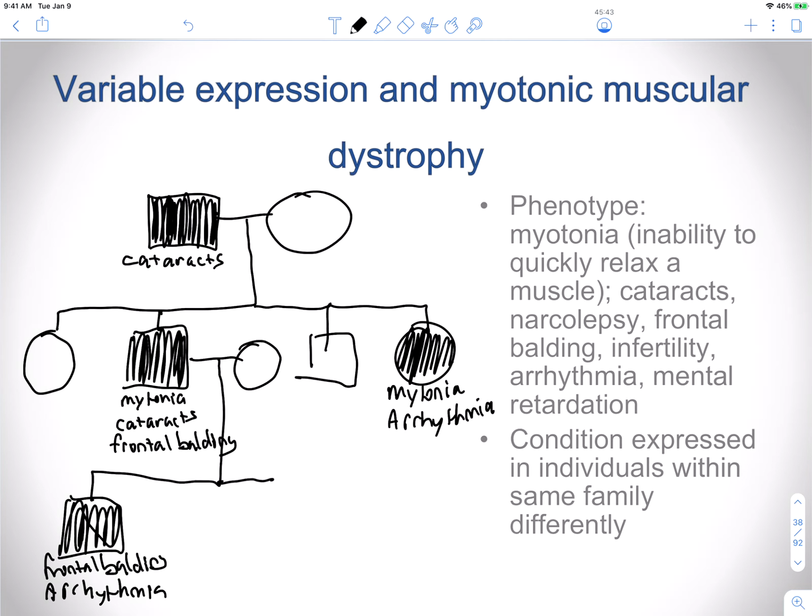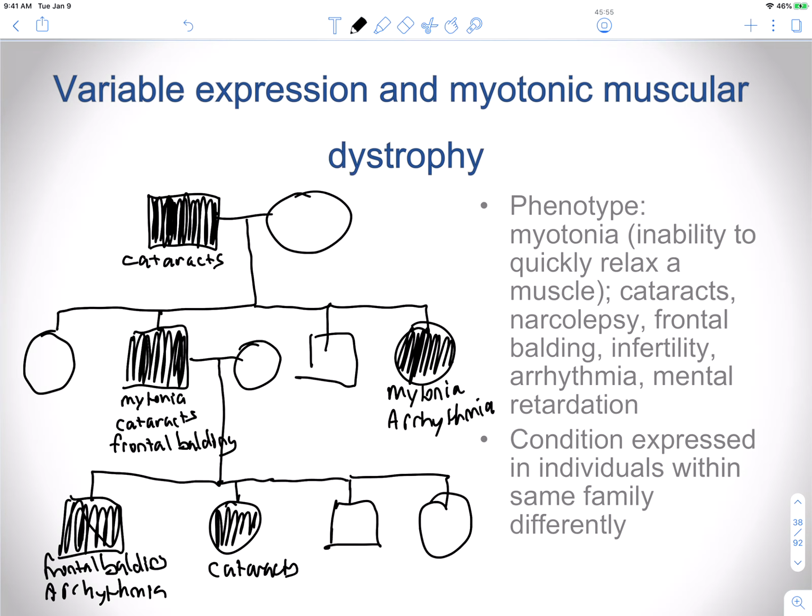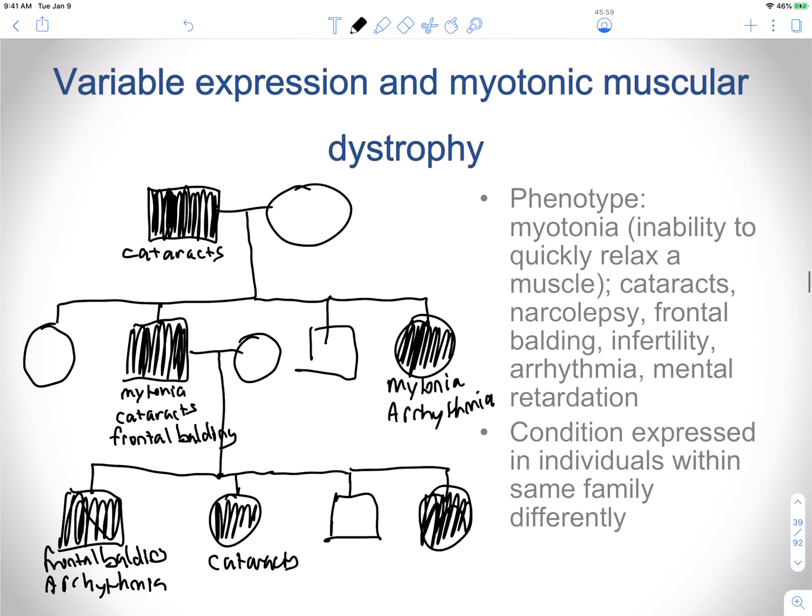They have an affected daughter who has cataracts. They have an unaffected son, and they have another affected daughter who has myotonia and cataracts.